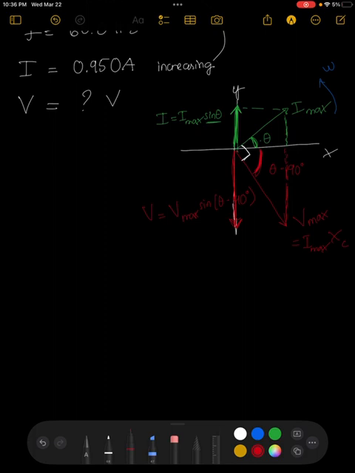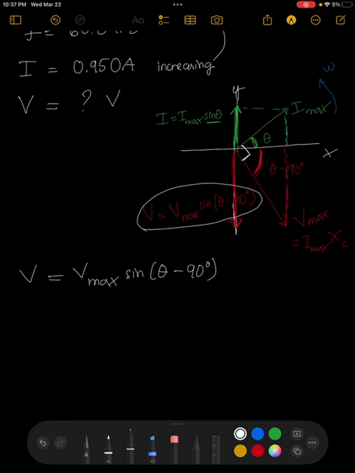So now we have to find the voltage across the capacitor. Before we can do that, we have to find theta, because technically the instantaneous voltage V is Vmax sine theta minus 90 degrees.